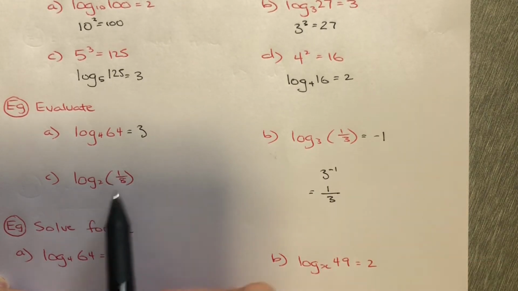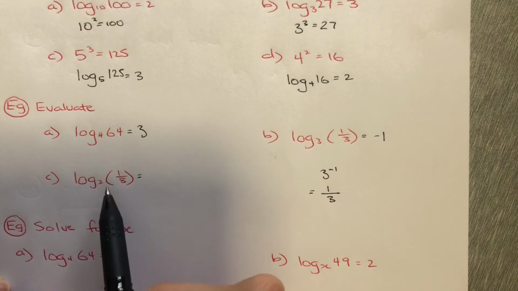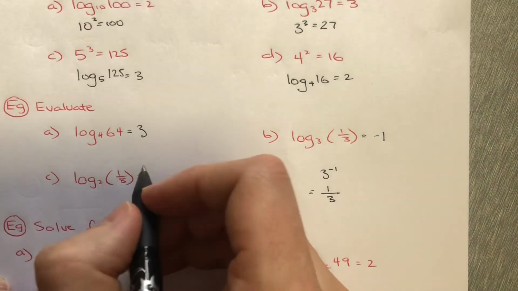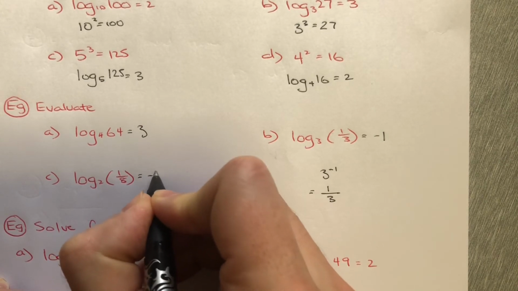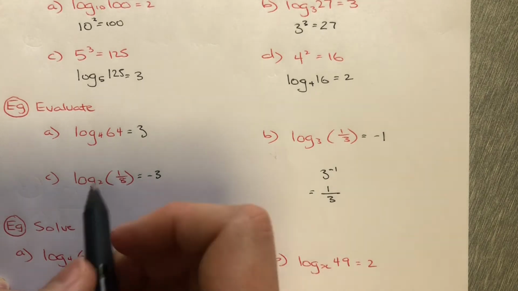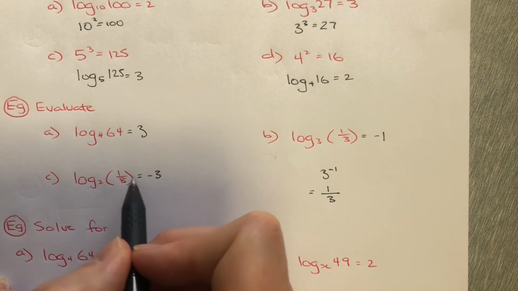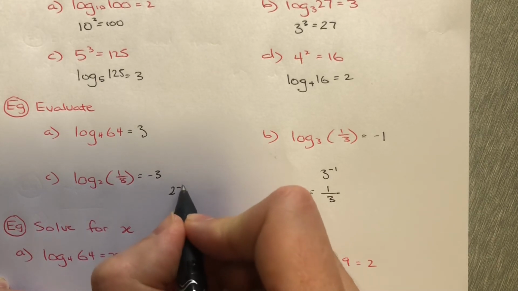Now that sort of works over here as well. The answer over here is going to be -3, sorry. And I want to show you using this way as well. So 2 to the power of -3 gives us 1/8, but I just want to write down 2 to the power of -3 to start with.